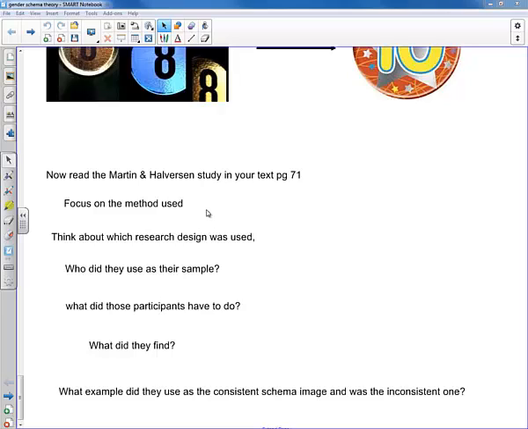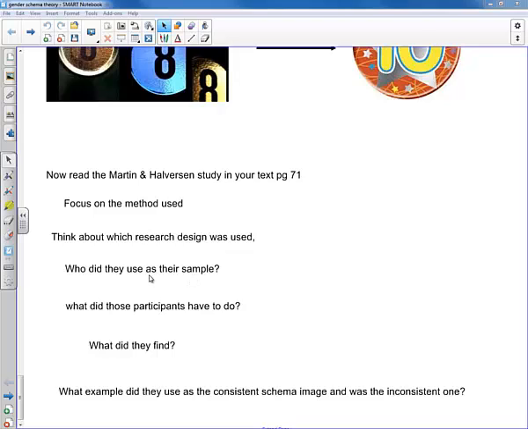So that's the method. An experiment with pictures shown as schema consistent versus inconsistent, so that's the IV, and presumably an independent groups design, if we're just going for a basic model.